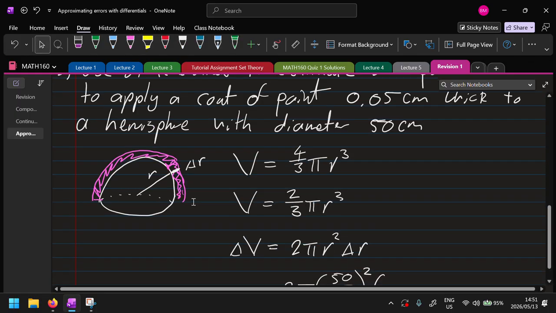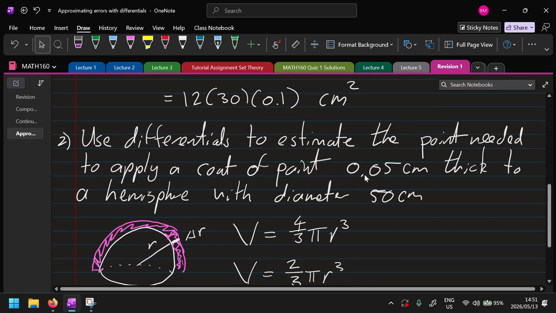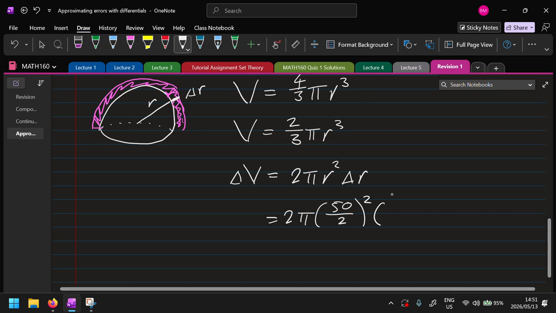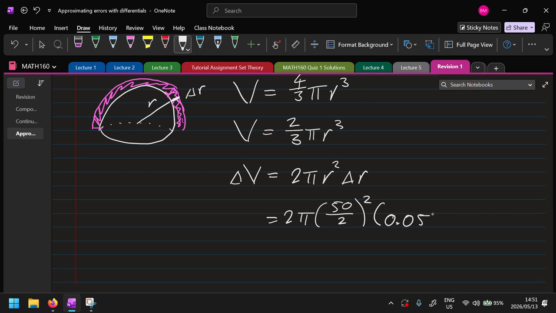And then the delta r, we said that was the thickness that we've painted on, 0.05. And then the units, well, it's the amount of paint needed, so this will be centimeters cubed. Again, you can simplify that. 2 decimal places should be fine. If it's like 0.00 something, you can do 3, but 2 decimal places should be fine.